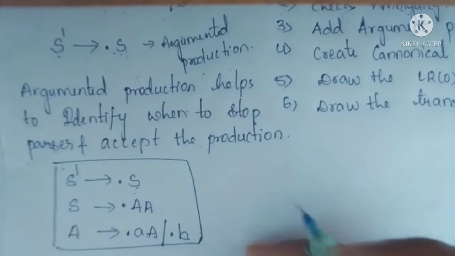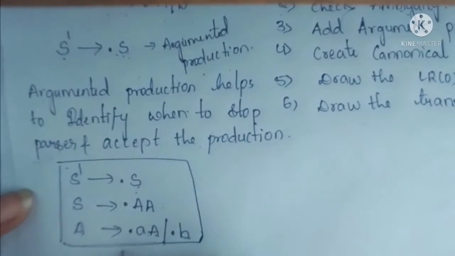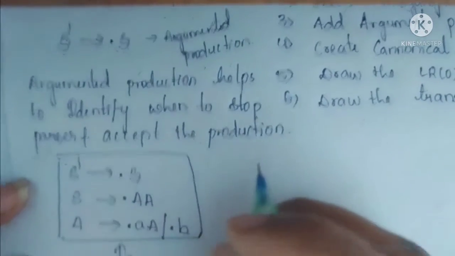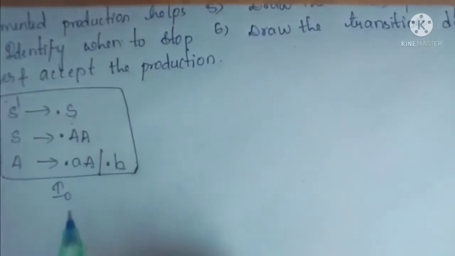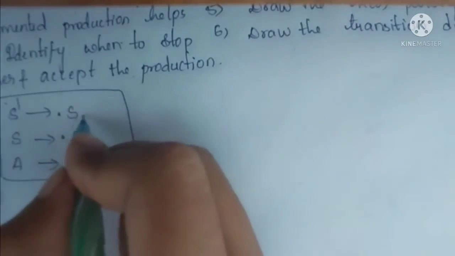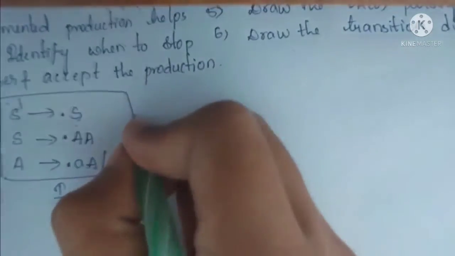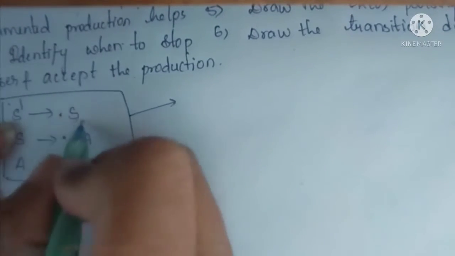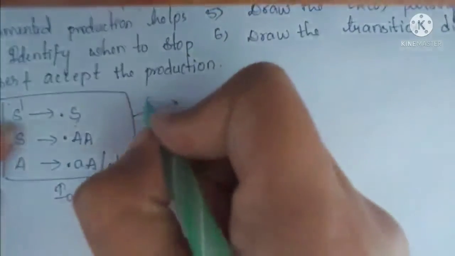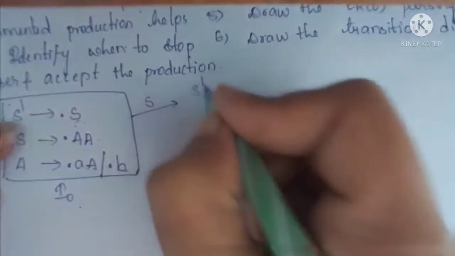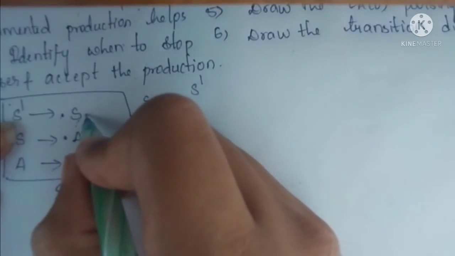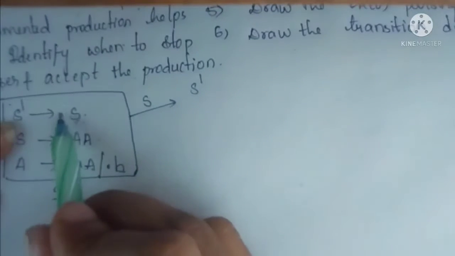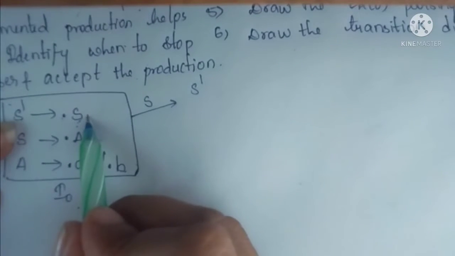So first you mark this state as I0. From this you have to do each and every production. First take the S production, that is S dash tends to dot S. This is an augmented production. So the dot should be shifted in the right hand side for every production.